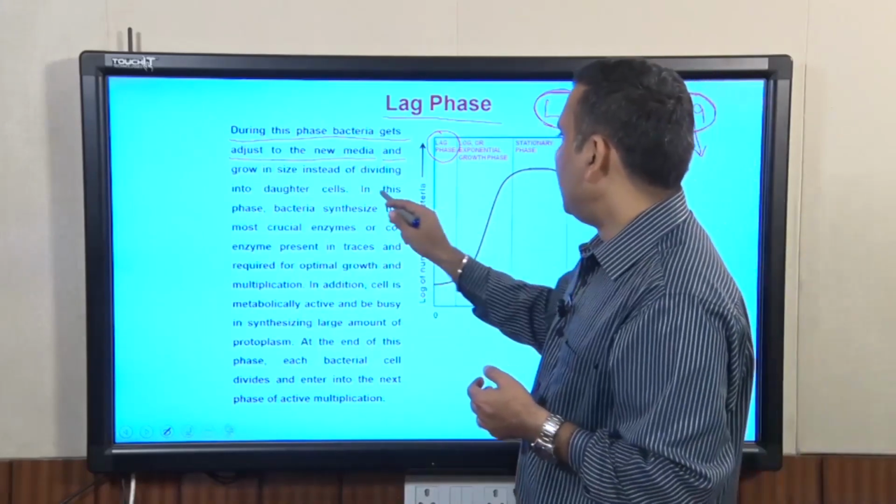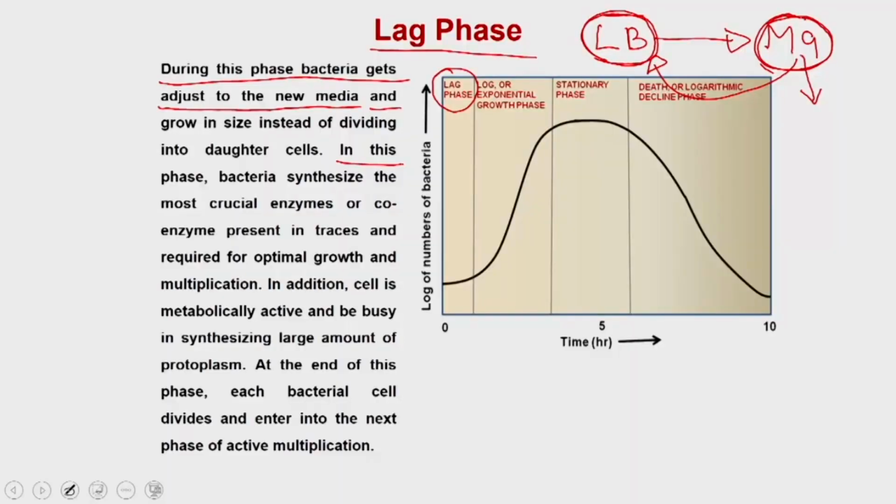In this particular phase, what will the bacteria do? The bacteria will synthesize the most crucial amino acids or the coenzymes which are present in traces, which means if the media is not providing some of those biomolecules, then it is going to start synthesizing them. Why is it doing so? Because it has to optimize the growth and the conditions which are required for growth and multiplication.